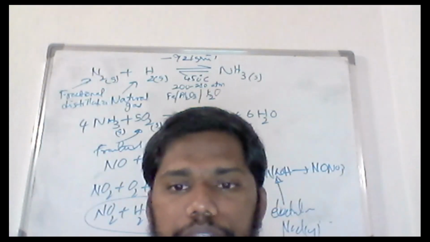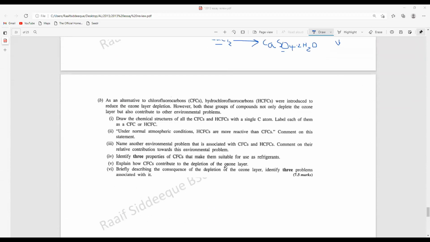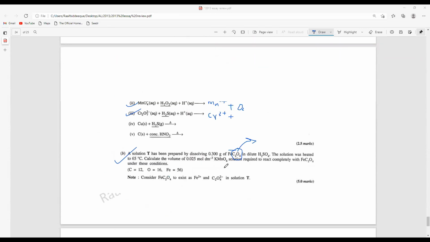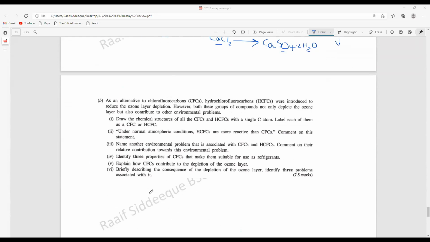So we will go to the last part, that is the ozone layer depletion that we have discussed a few parts earlier also. As an alternative to chlorofluorocarbons, the CFCs, hydrochlorofluorocarbons are also introduced to reduce, not prevent, reduce.